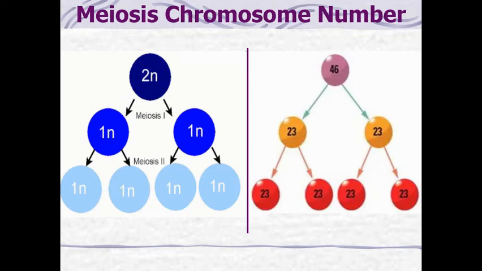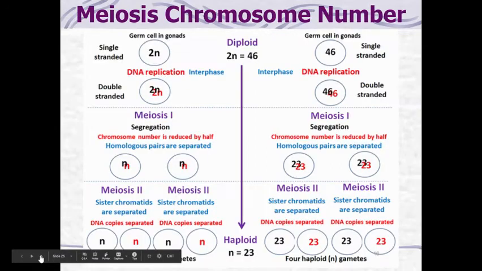This is just showing how the chromosome number changes during meiosis, how we start with a diploid parent cell. In humans, that means it starts with 46 chromosomes, and how through the 2 divisions of meiosis, we end up with haploid daughter cells in humans having only 23 chromosomes.